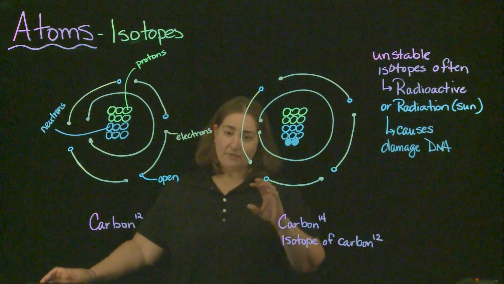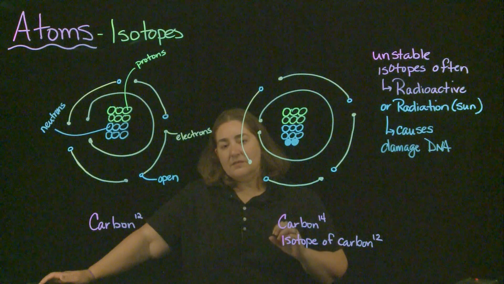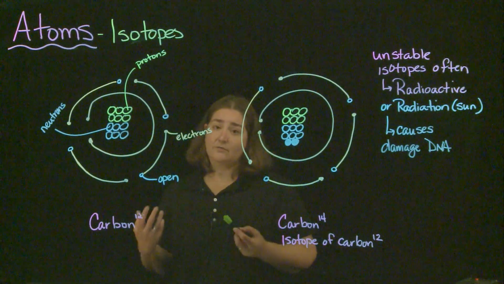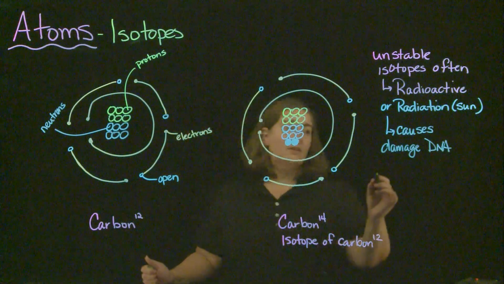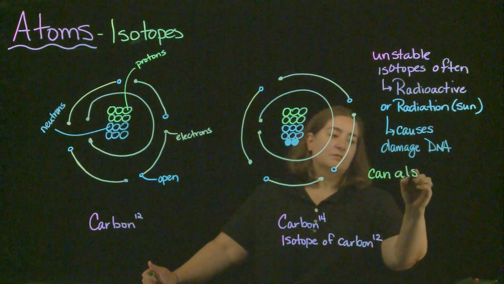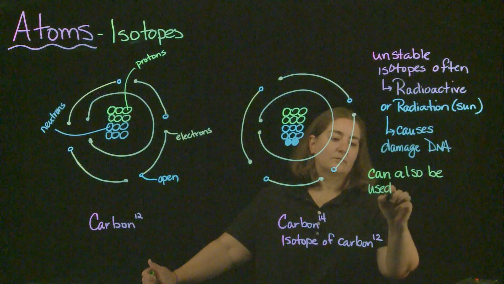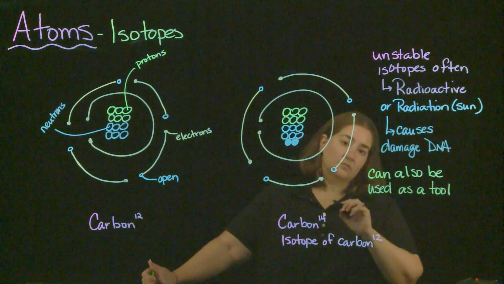But in terms of radiation, when I bring that up, you think of something negative. But in terms of your future career as a health professional, radiation can also be used as a tool.